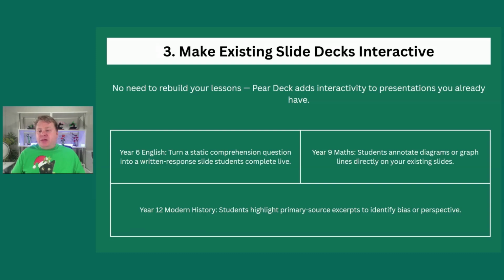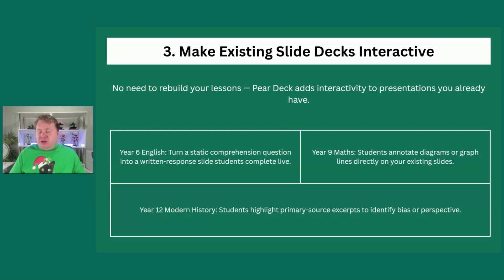All right, so again, using that technology, doing things that we're already doing, but now starting to incorporate some of those different Pear Deck elements and activities, finding what works, of course, into our lessons and using presentations and Google Slides decks that we already have so that we're not reinventing the wheel and we're not rebuilding something that we already have. So using those existing slide decks to make them a little bit more interactive is our third way that you could use Pear Deck in the classroom.